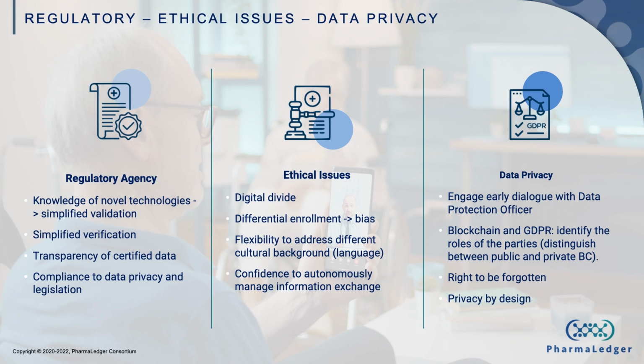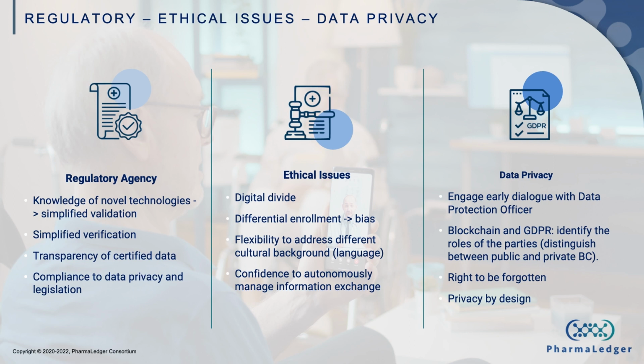Digital can somehow divide. Enrollment always poses some criticism. We need to have flexibility to address different cultural backgrounds, and we need to have confidence to manage information exchange. And then the big chapter of data privacy and GDPR.